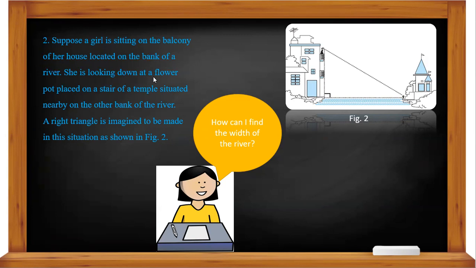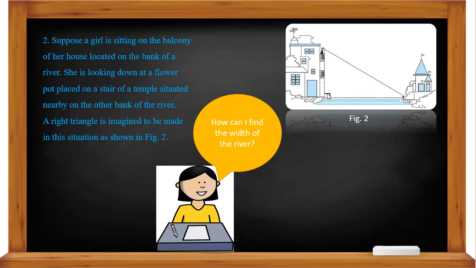She is looking down at a flower pot placed on a stair of a temple situated nearby on the other bank of the river. A right triangle is imagined to be made in this situation as shown in figure 2.